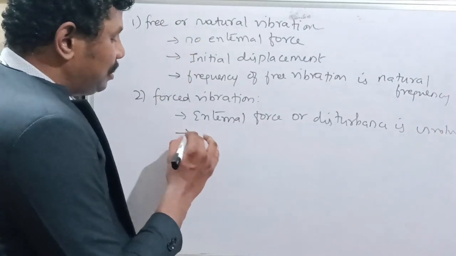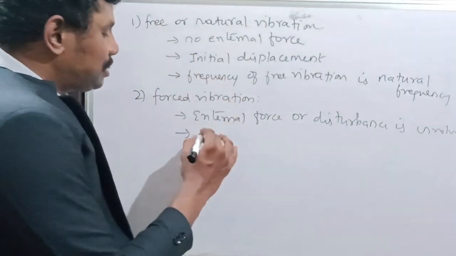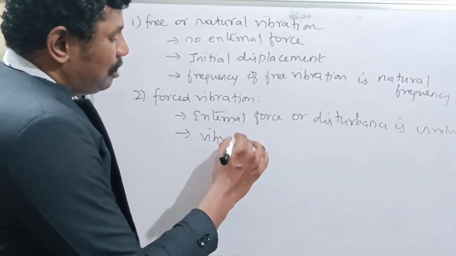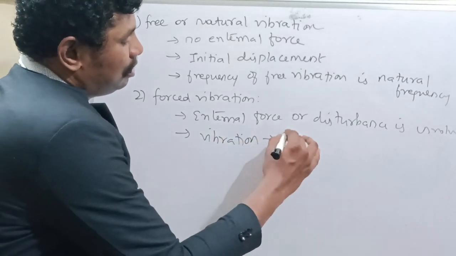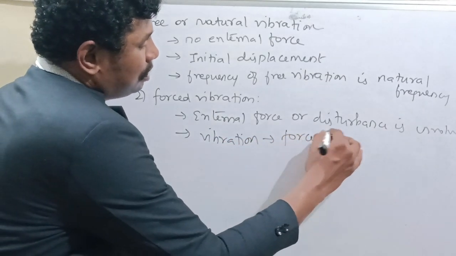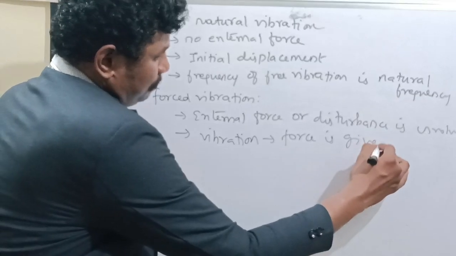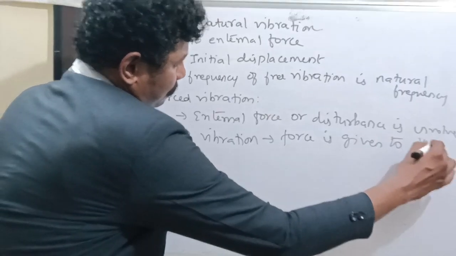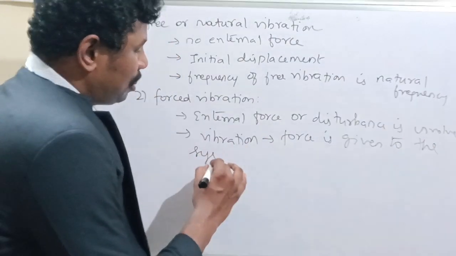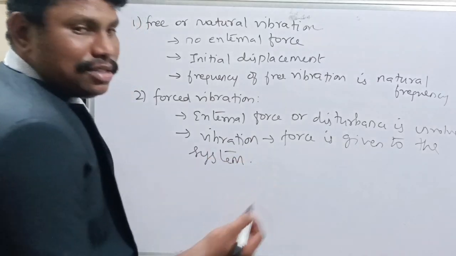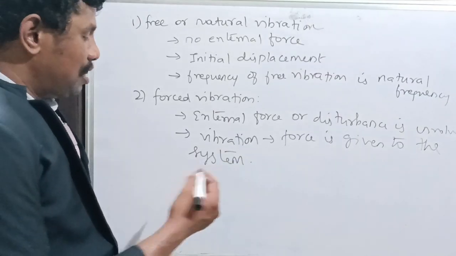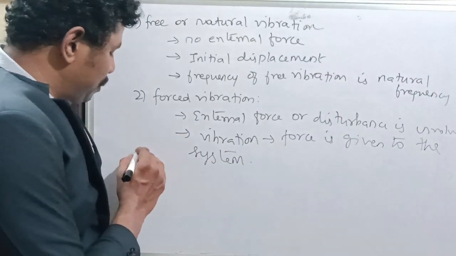The vibration will take place until the force is given to the system. And the external disturbance is mainly because of the unbalance in the system. So this is about forced vibration.